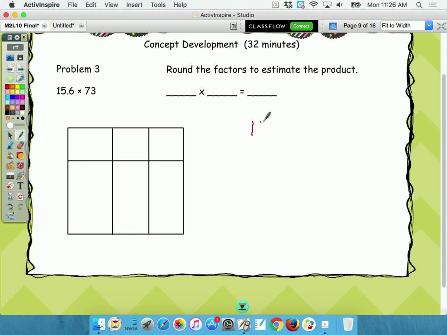How am I going to write it? 156 tenths. Now, what happens is we take the decimal out so it doesn't confuse us. You just have to make sure you put it back in. You can't just leave it out or your answer's going to be wrong. So this one's a little different, but not too much, is it?